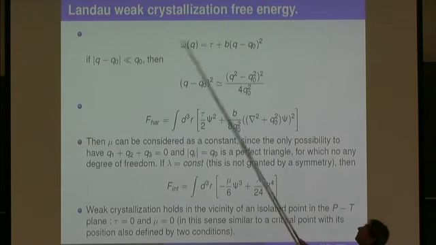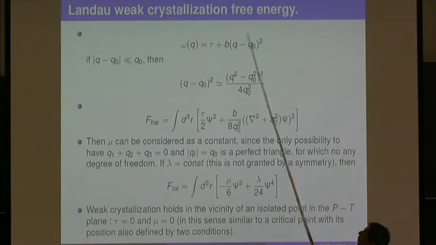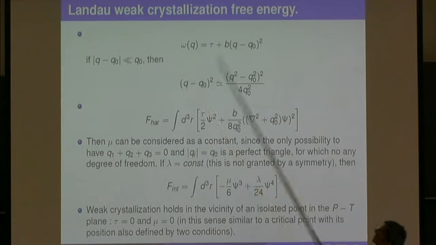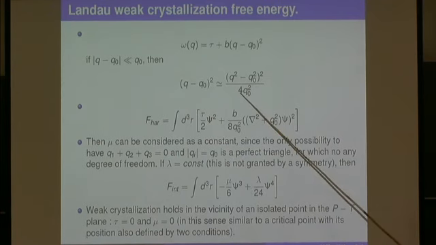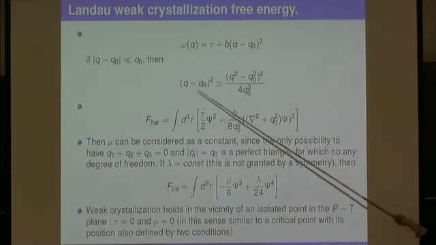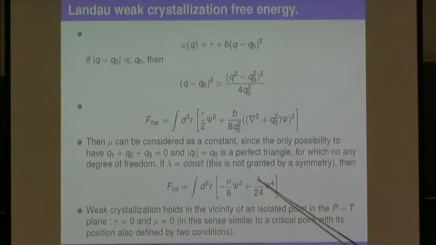Next, and we will see that this is the case for weak crystallization theory, only the small region near Q naught is relevant for the behavior. If only Q near Q naught is relevant, then this term can be rewritten in this form. It's just an identity. Similarly, I could analyze the dependence on Q of the cubic and fourth order terms.